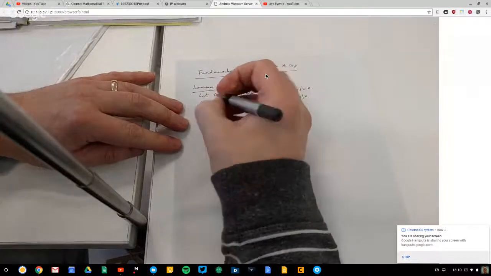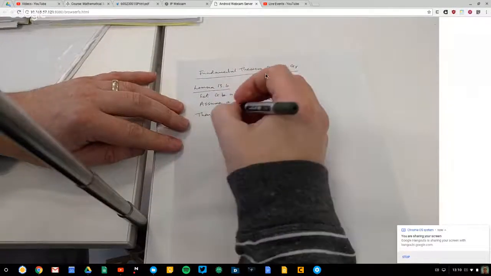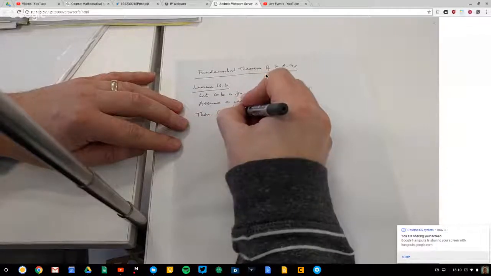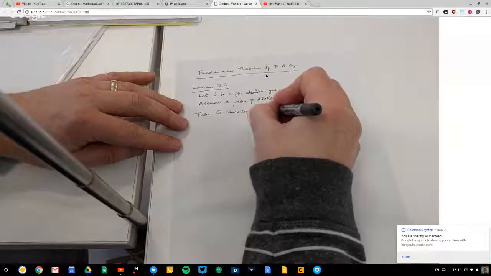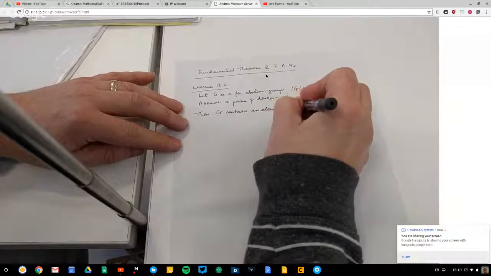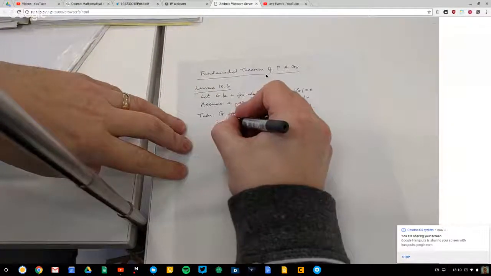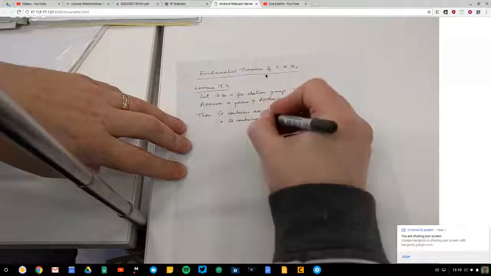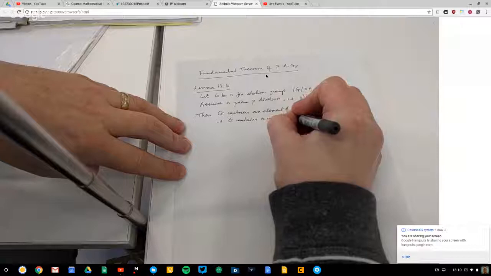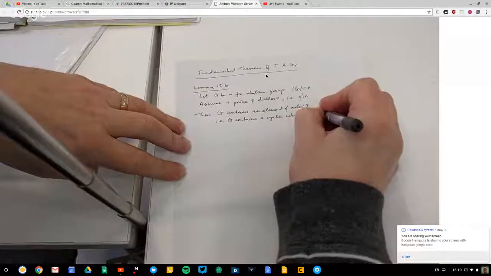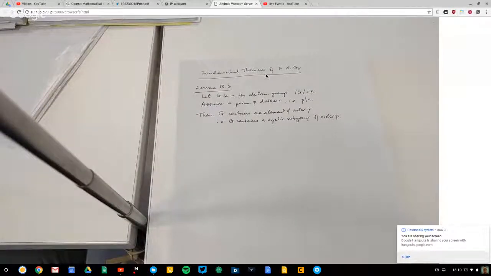The conclusion is G contains an element of order P. So within the group capital G, somewhere there is an element of order P, or an alternative way to think about that is G contains a cyclic subgroup of order P. Yeah, so if you've got an element of order P, look at the cyclic subgroup generated by that element.